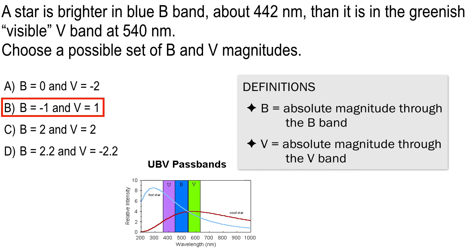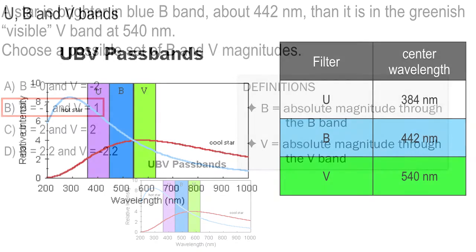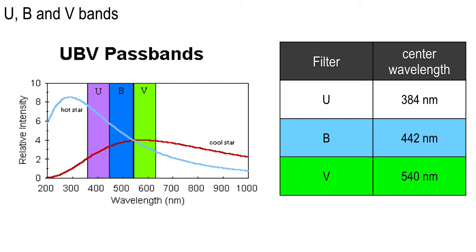All right. So here's some more information to digest. Go ahead and make a note of this. The U, the B, and the V bands. Here's the central wavelength of each. Now, the central wavelength in the U band is slightly below 400 nanometers.